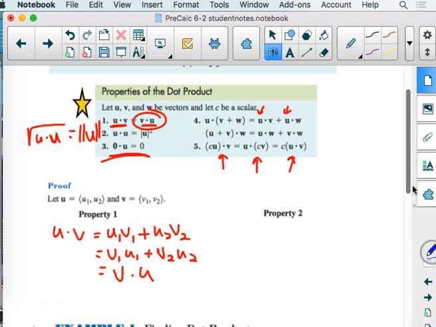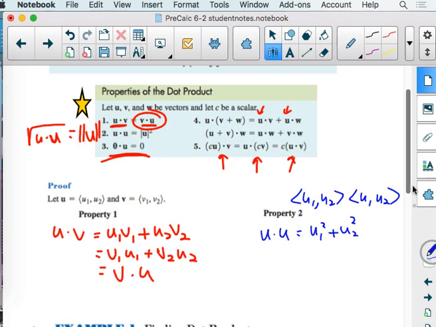Property 2 says we're supposed to start with u times u and figure out how that gets us the magnitude of u squared. All right, well, let's see. That would be u sub 1, u sub 2, u sub 1, u sub 2. Okay, so if we did the dot product, that would give us u sub 1 squared plus u sub 2 squared.